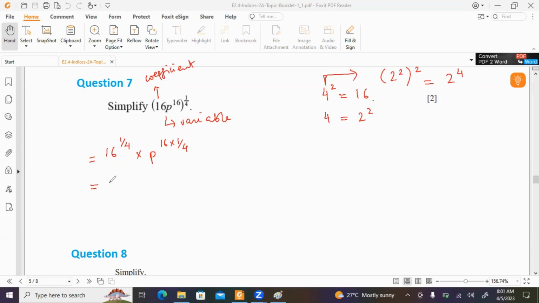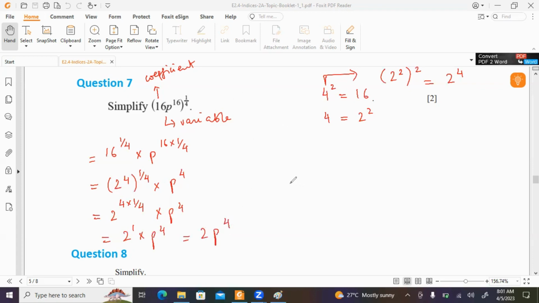So 16 can be replaced with 2 to the power of 4, and the 1 over 4 comes outside as it is. 4 times 1 over 4 is 1. So it's 2p to the power of 4.